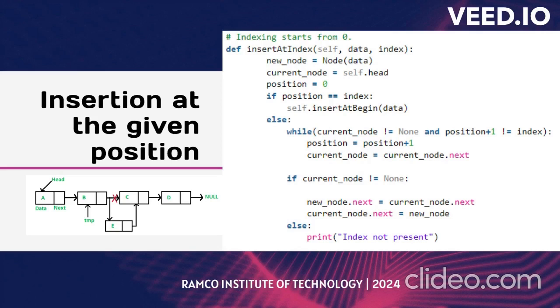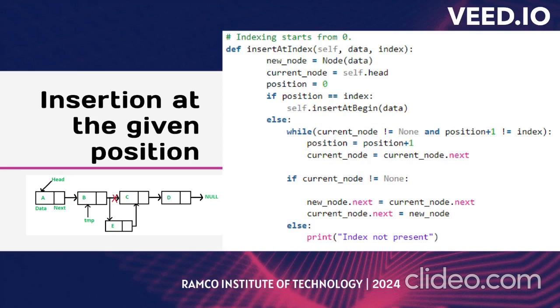This case occurs in the following situation: suppose there are four elements in the list and the user wants to enter an element at the 10th location. It isn't possible, right? We can't insert a value at the 10th position in a list of size 4, so "index not found" will be printed.